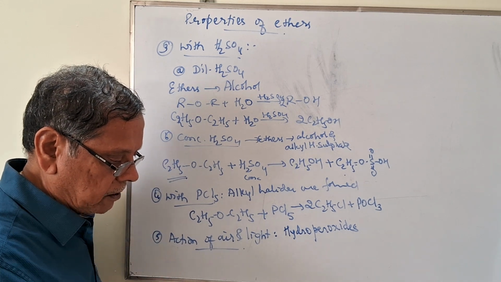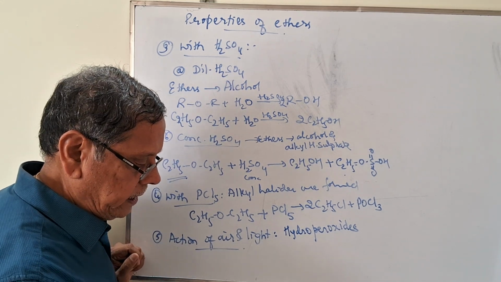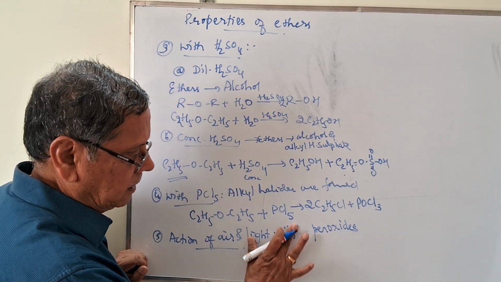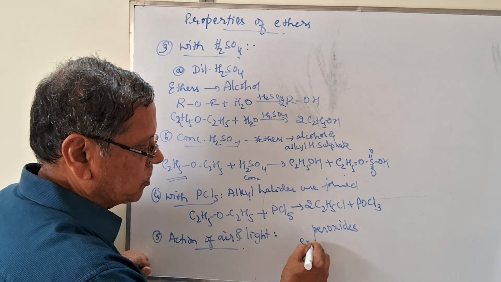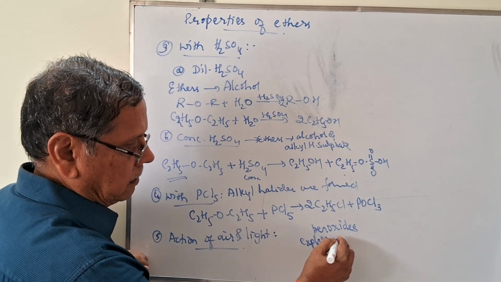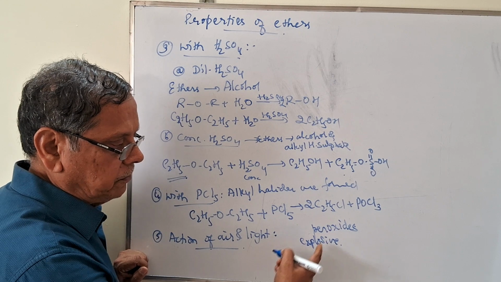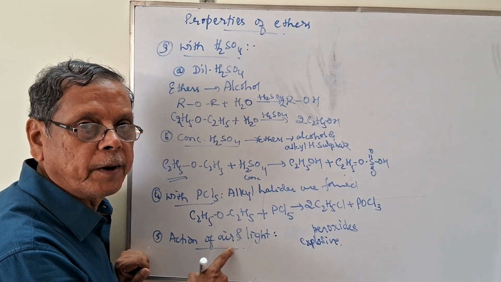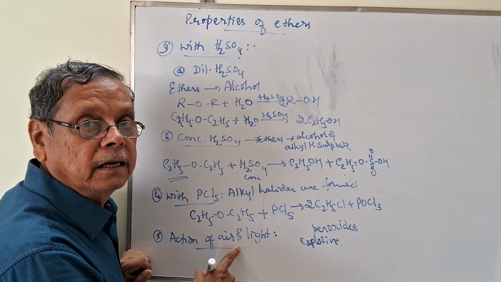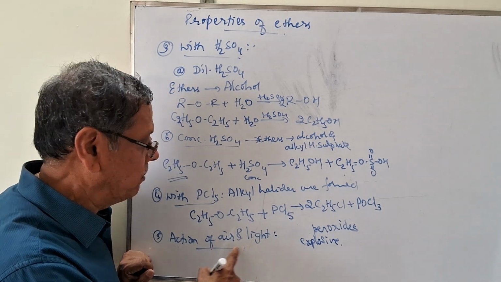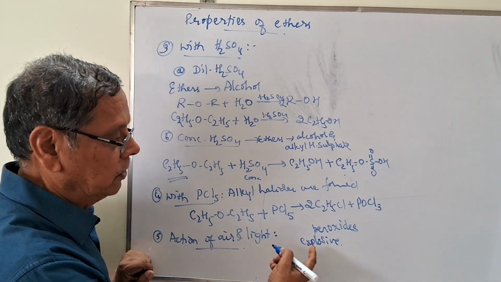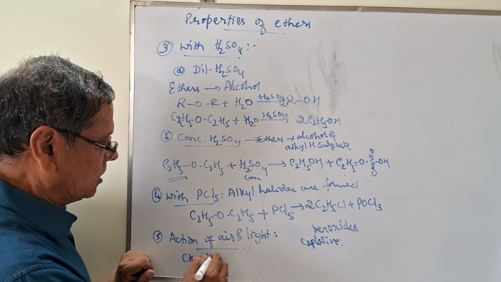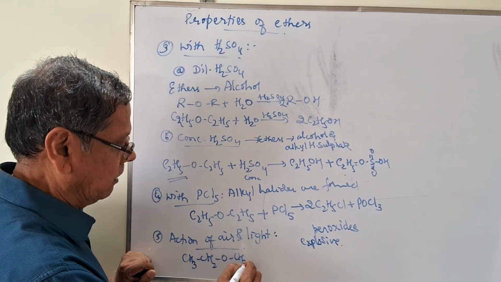So these hydroperoxides are highly explosive in nature. That's why due to the formation of these explosive peroxides, you are not supposed to keep the ethers in the open or in the white transparent bottles because they will absorb the light as well as the air to give rise to these peroxides. Let me take this CH3, CH2O, CH2, CH3.